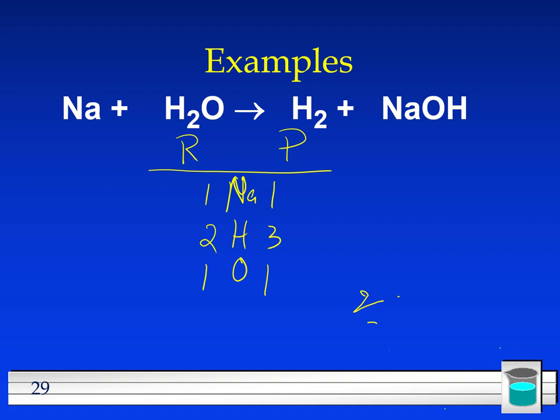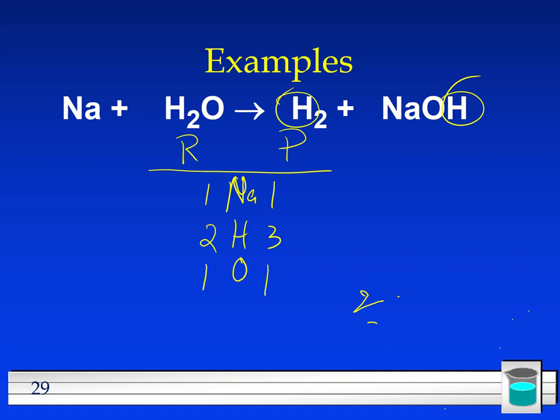What don't I want to fix first? I don't want to fix hydrogen first because it shows up twice. But I have to fix it because it's the only thing that's messed up. So what number can I put on the left-hand side that will get me 3 hydrogens?